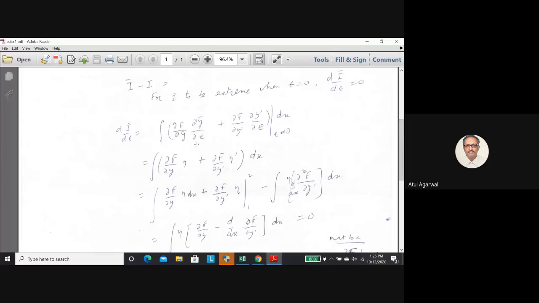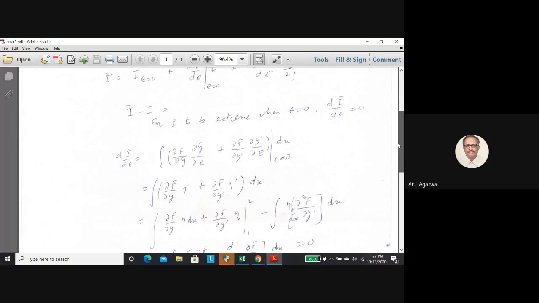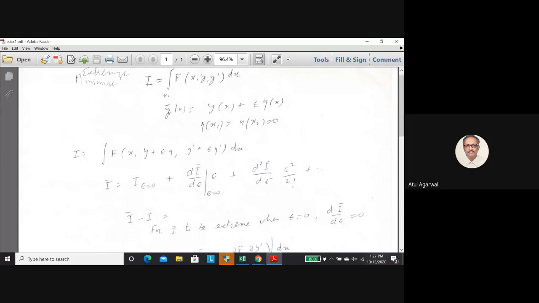So now, what is the derivative of y with epsilon? You wrote your y bar as y plus epsilon eta of x. So you want to find the derivative of this equation of y bar with epsilon. Epsilon is multiplying here, so you just get eta. And y prime bar is equal to y prime plus epsilon eta prime of x.